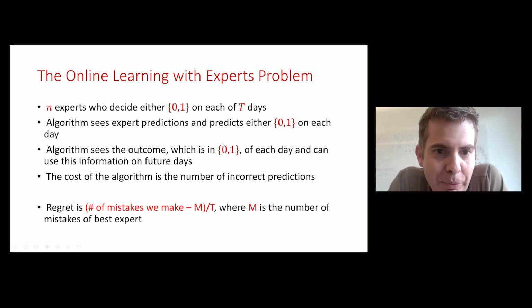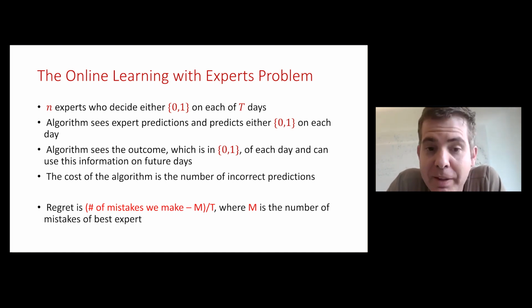And let's just set up some notation. So we have n experts who each decide on a binary outcome, 0 or 1, on each of capital T days. Okay, all of this, of course, generalizes to more outcomes and so on. And your algorithm sees the expert predictions and predicts either 0 or 1 on each day.